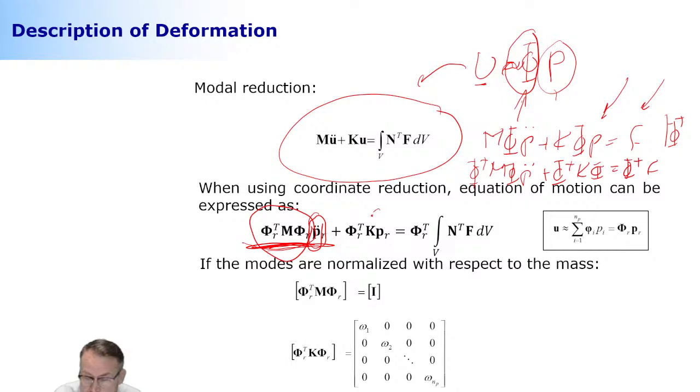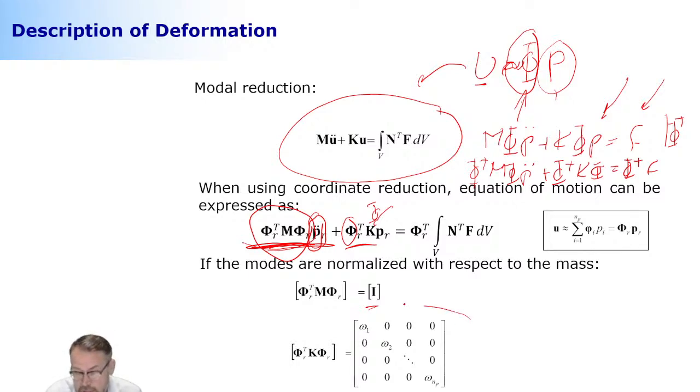Here too, by the way, there's supposed to be this matrix here. This too is going to be diagonal because this matrix is orthogonal in nature. So when you scale these modes in a proper way, you can have a mass matrix that is an identity matrix, meaning that diagonal components are ones, off-diagonal components are zeros.